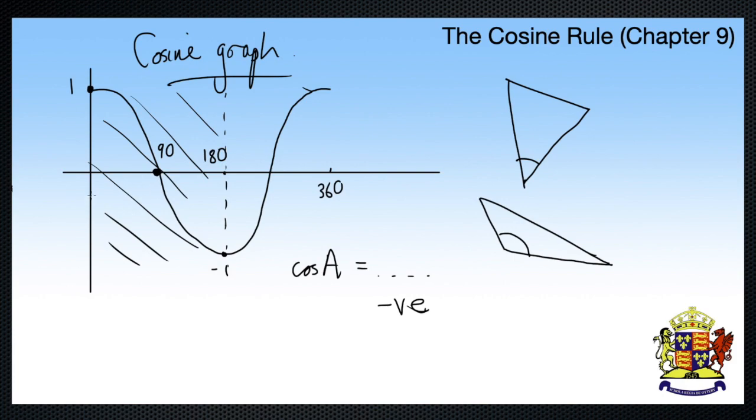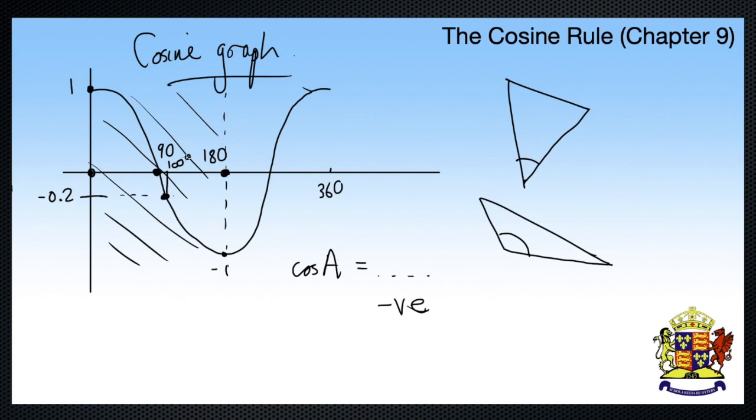Okay, so if your answer comes out here, for example, of minus 0.2, and you track along, it will come out somewhere here. Maybe somewhere around about 100 degrees. Now that's not a wrong answer, that's fine. So if you get a negative, do not panic, just think about the graph. We're dealing with 0 to 180 in terms of degrees. So we're going to go positive and then negative.